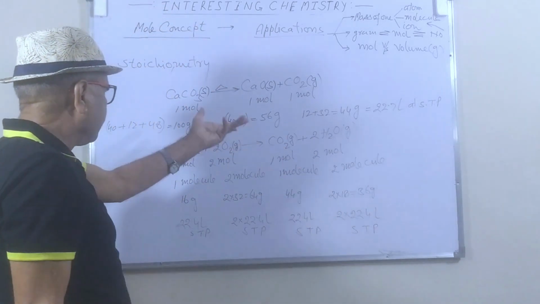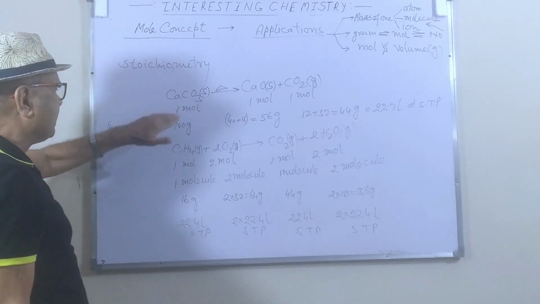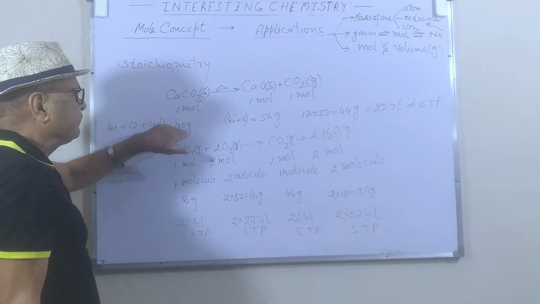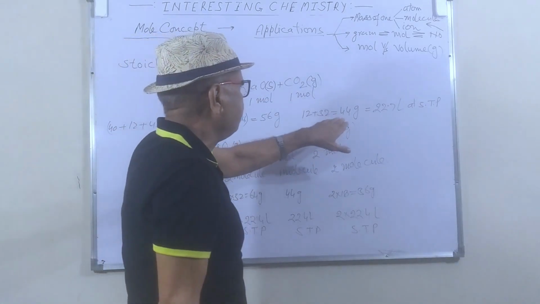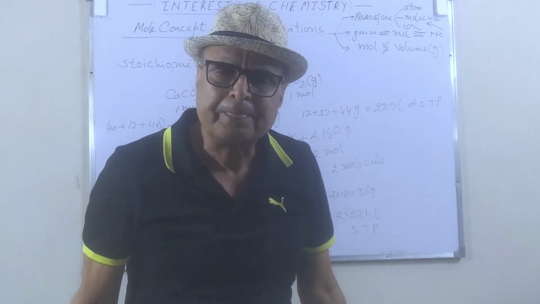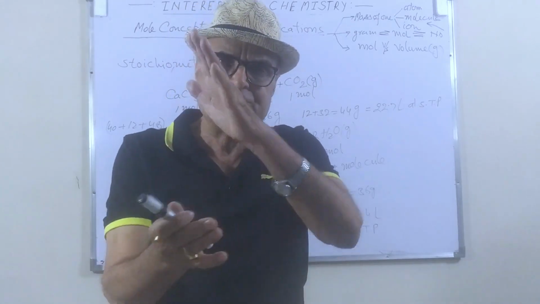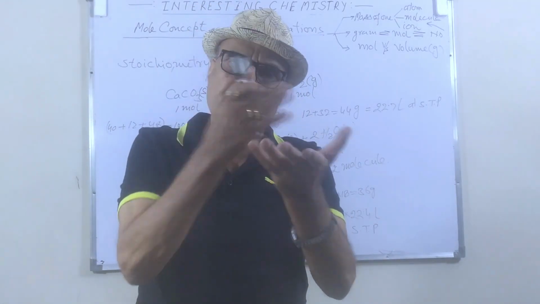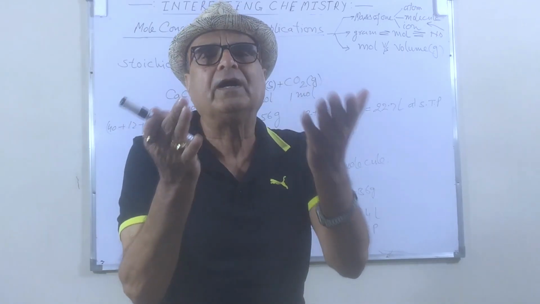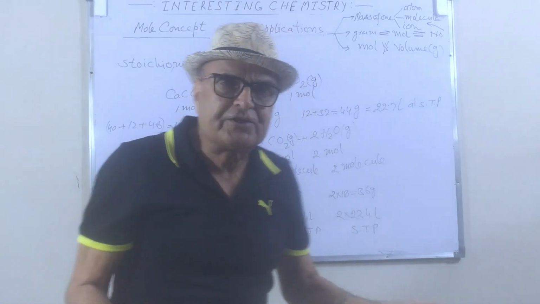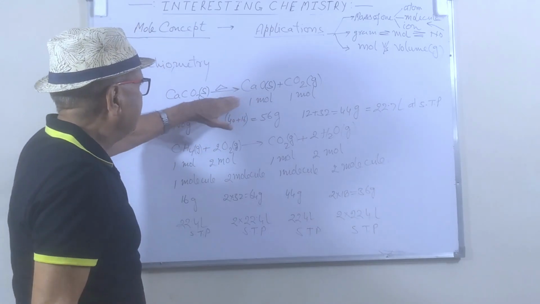Again, you can say that 100 gram of calcium carbonate, when heated, gives 56 gram of calcium oxide and 44 gram of carbon dioxide. This is the information about this reaction that we can find from the chemical equation.